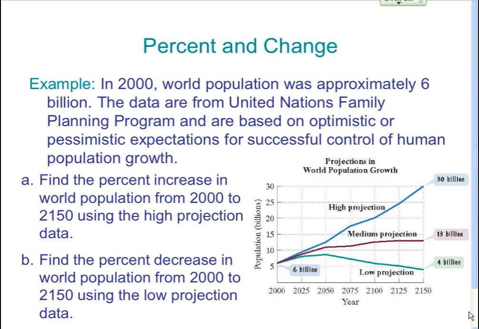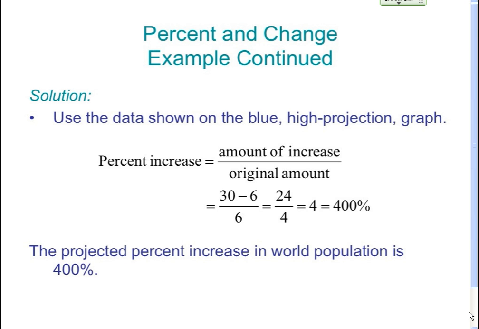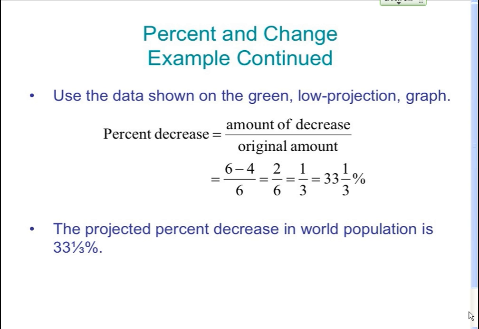All right, so for part A, as we wait for the computer, we take the 30 billion, subtract the 6 billion divided by the original 6 billion, and you get a 400% increase. Now for the next one, you're going to subtract the two numbers, 6 subtract 4, divide by the original, which is 6, and you end up with 33 1/3%.